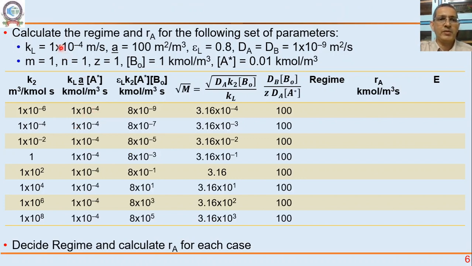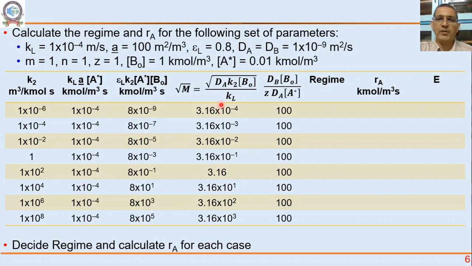KLA: KL is constant, A is constant, A star is constant. Same here, epsilon L constant, K2 changing, A star constant, B naught constant. So as K2 changes, 10 raised to minus 6, 10 raised to minus 4, 10 raised to minus 2, epsilon L K2 A star B naught changes.